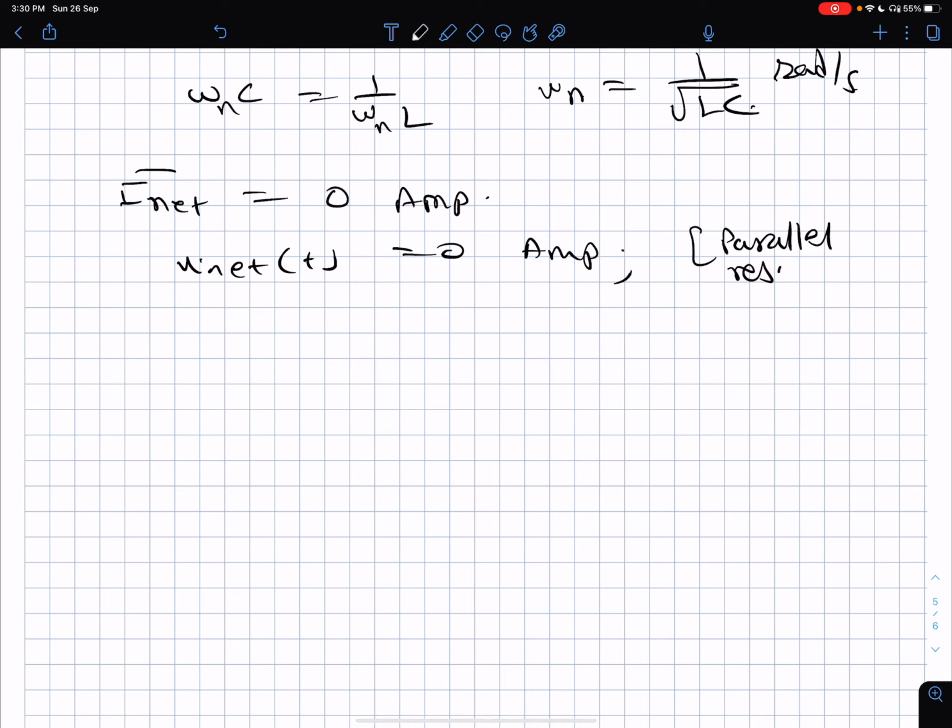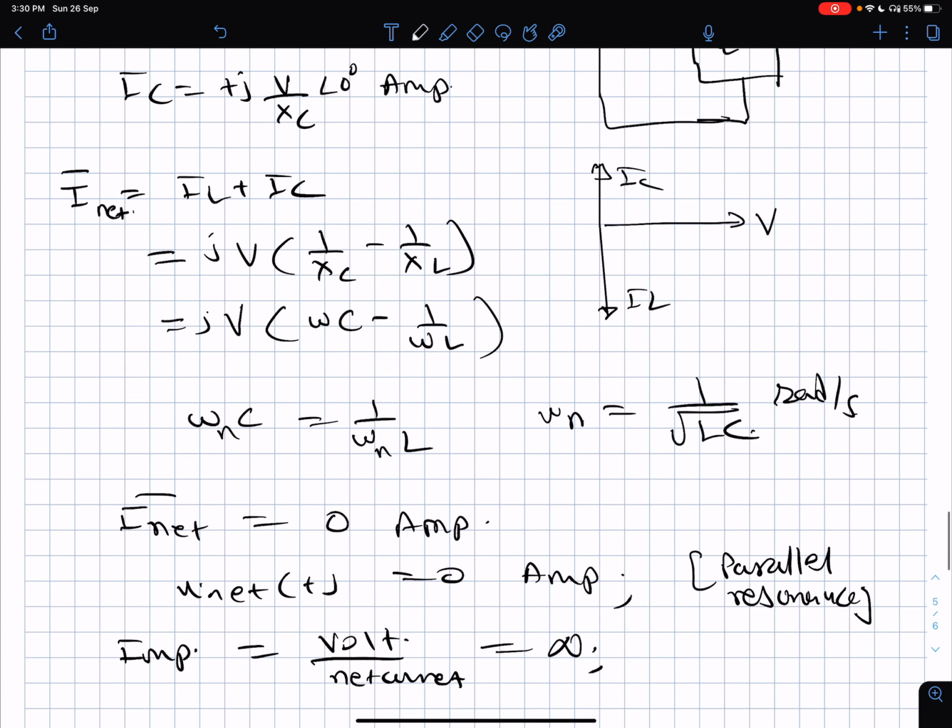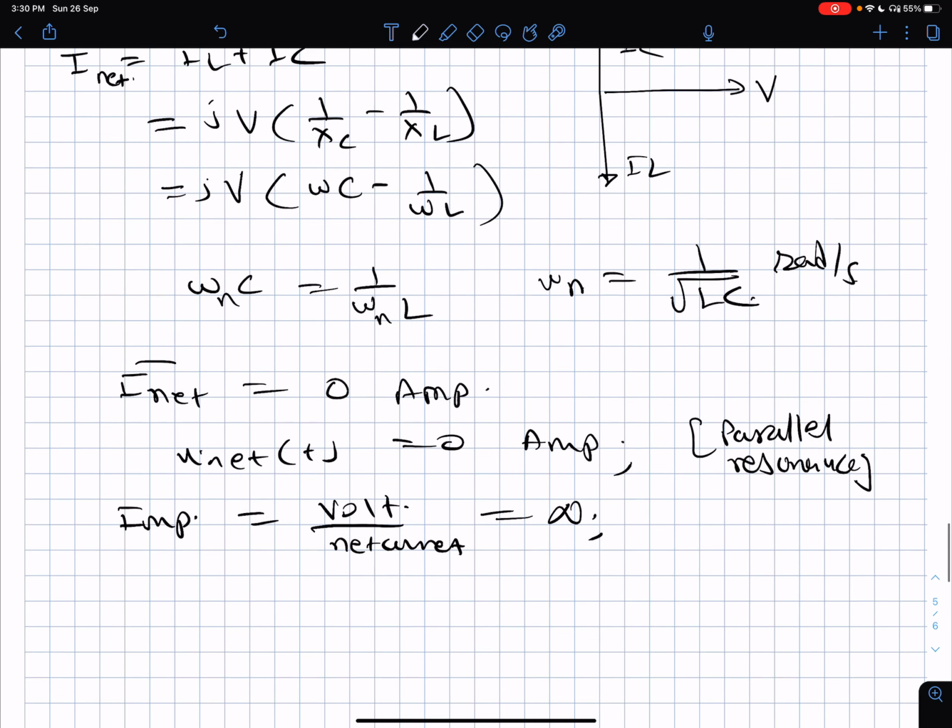This is also called a condition of parallel resonance, and at parallel resonance the impedance, which is the voltage by the net current, is infinite. For an LC combination it is infinite. At any other frequency where it doesn't cancel out, you will get a finite impedance.